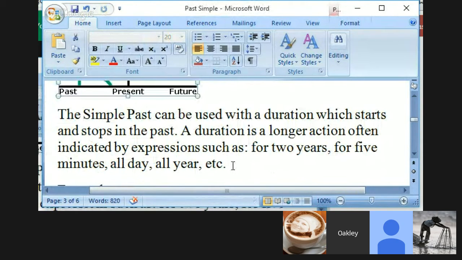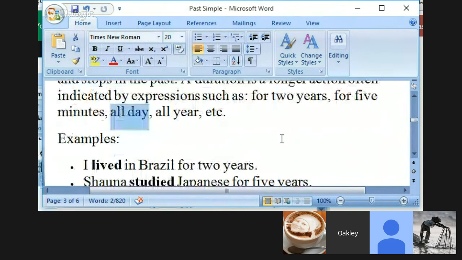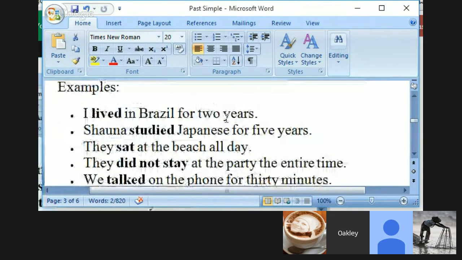We often indicate that duration by phrases like for 2 years, all year, all day, for 5 minutes. For example, I lived in Brazil for 2 years. Shauna studied Japanese for 5 years.